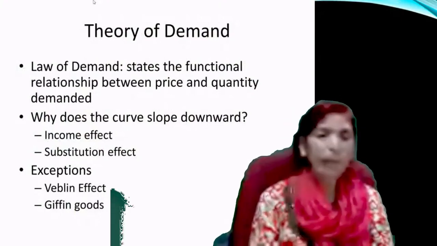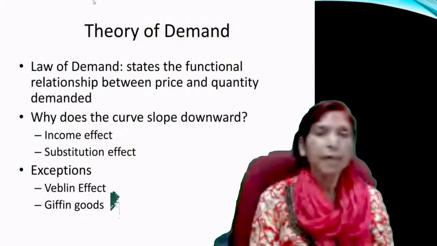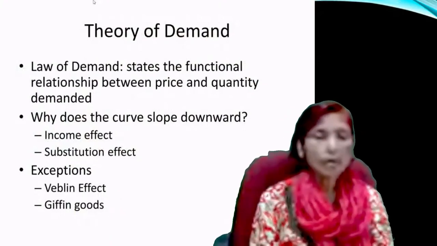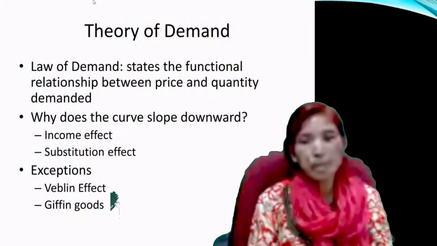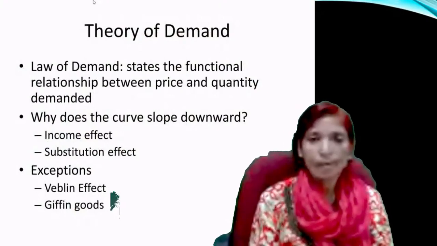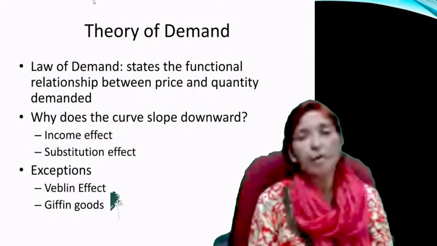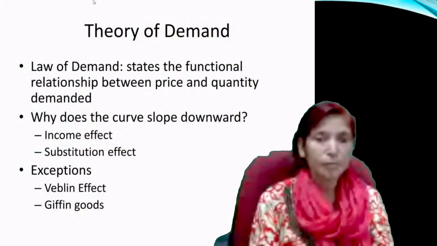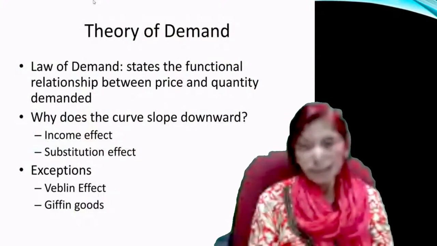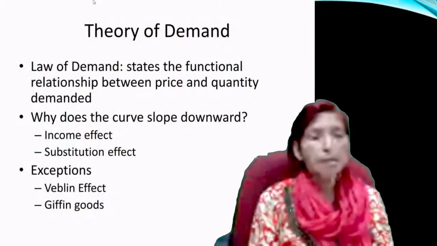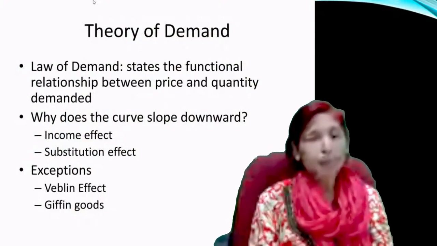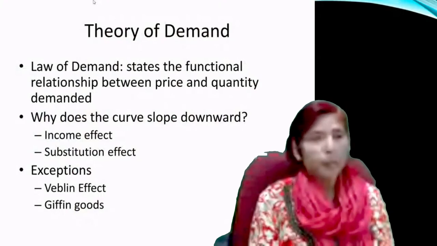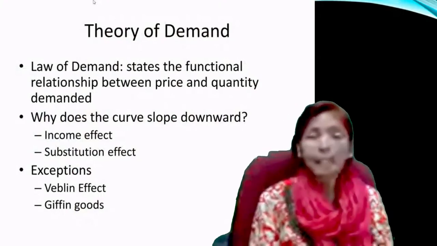Price is determined. And being a consumer, we always demand more goods when price is less, and demand fewer goods when price is more. For example, at present, the price of tomato is increasing, so demand will decrease.